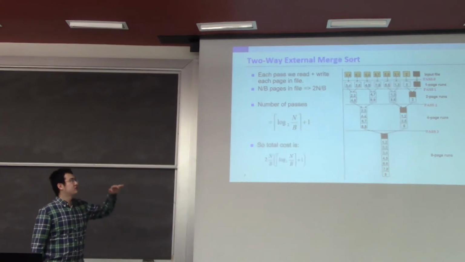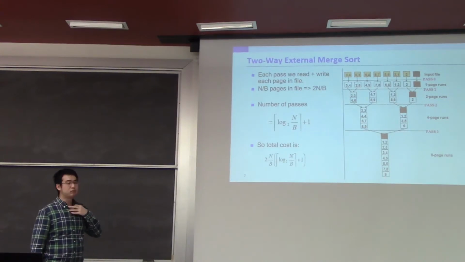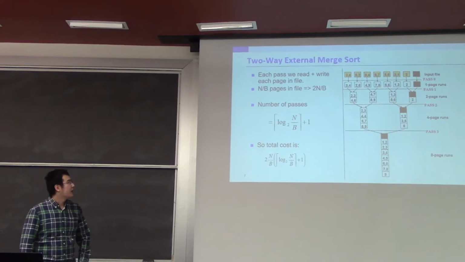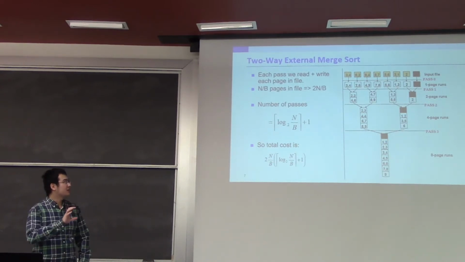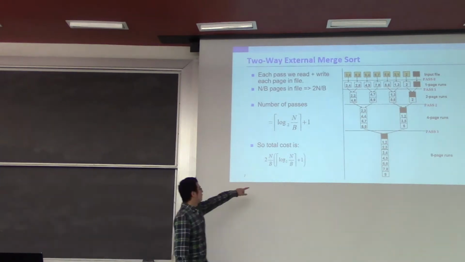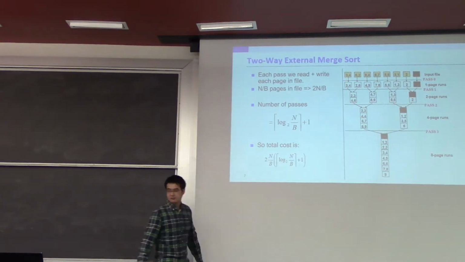The first pass is over the input data, so it's N over B. For subsequent passes, the cost is still N over B, but you have to count how many passes you need. That's where log 2 N over B comes from.